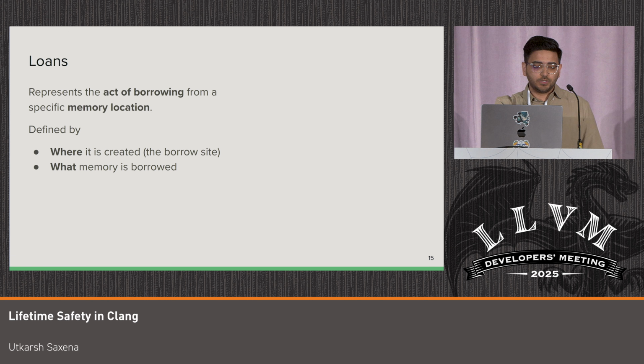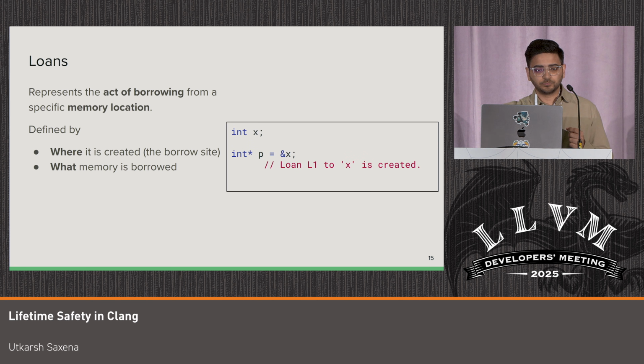The first concept that I want to introduce is loans. A loan represents the act of borrowing from a memory location. And it is defined by where this loan is created and what memory was borrowed.